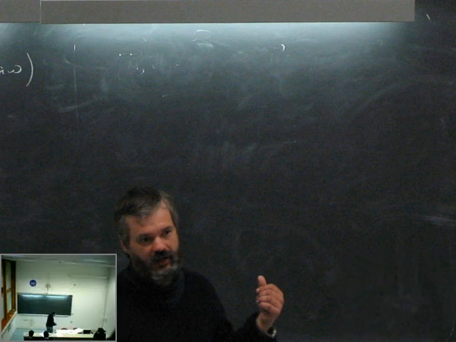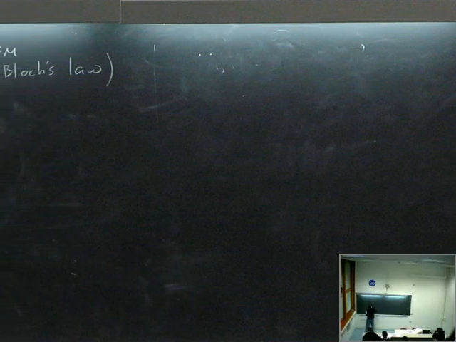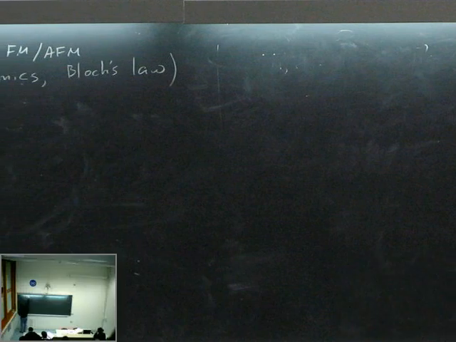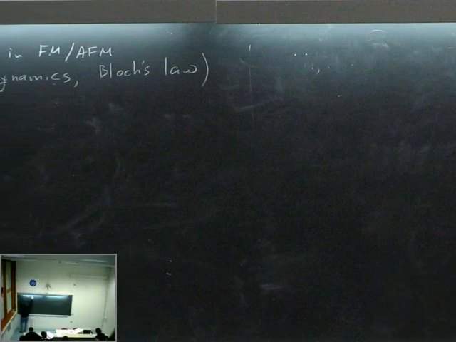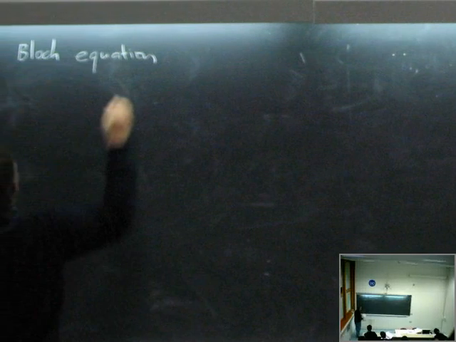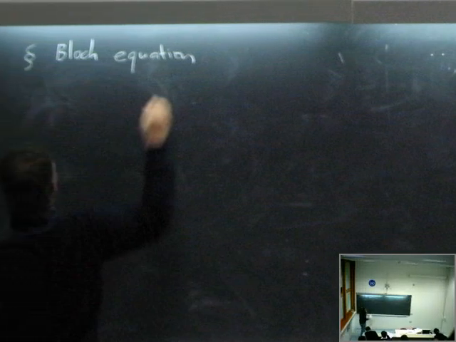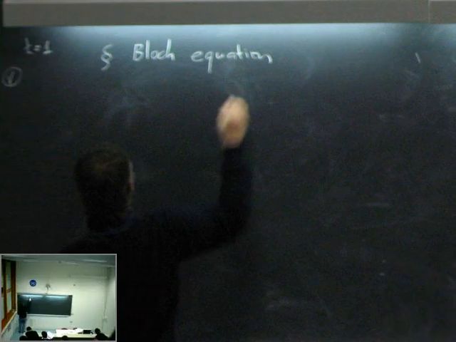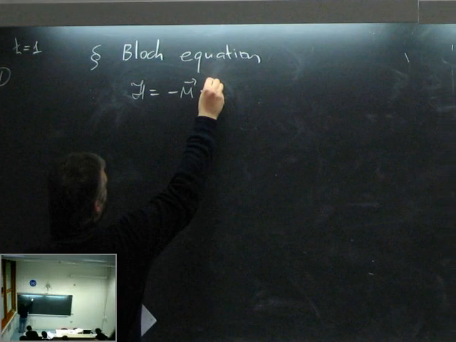Okay, so spin subject to time-dependent magnetic field. Bloch equation. Let's consider the Hamiltonian minus m times h(t).